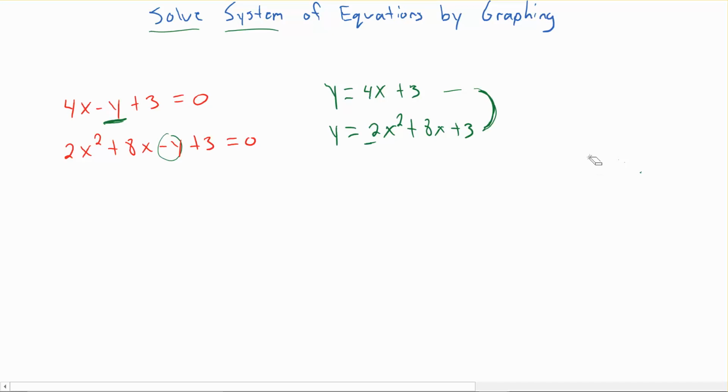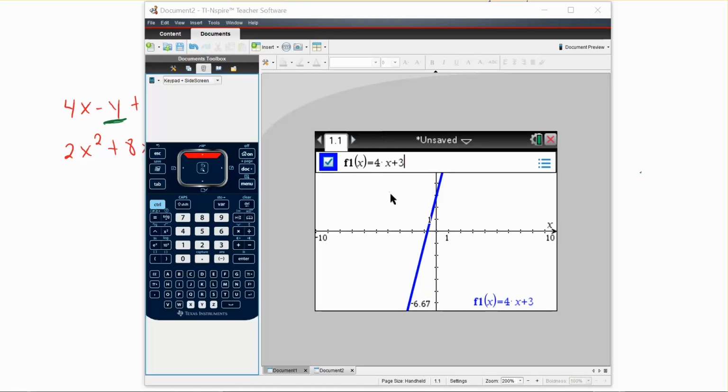Okay, so we want to figure out where they intersect. What I'm going to do is plug both of these into my calculator. So y is equal to and y is equal to. I put my first one into my calculator: f1 of x is equal to 4 times x plus 3.